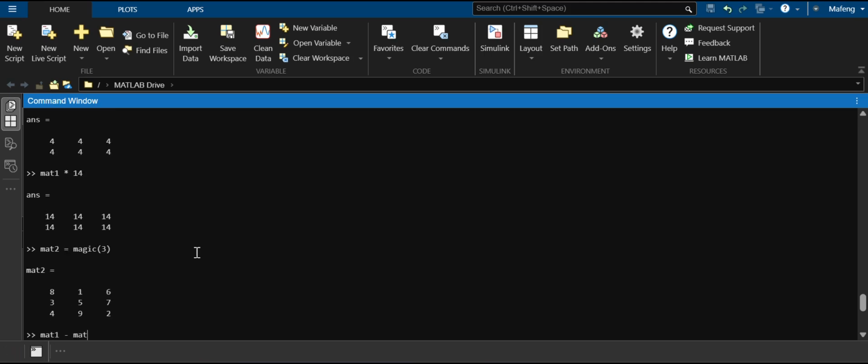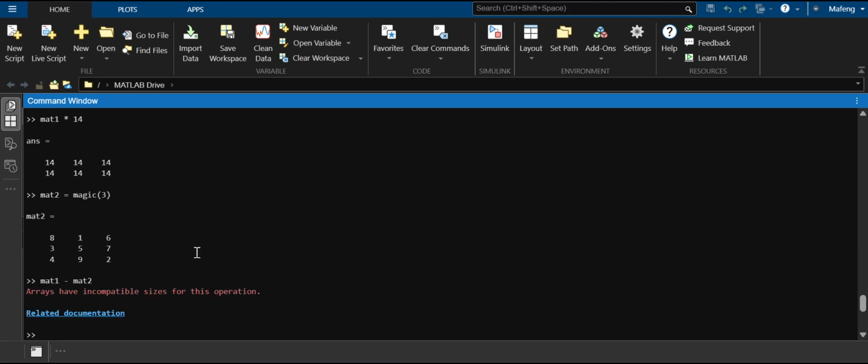So mat 1 minus mat 2, subtract: incompatible sizes. Okay, this is a 3 by 3.